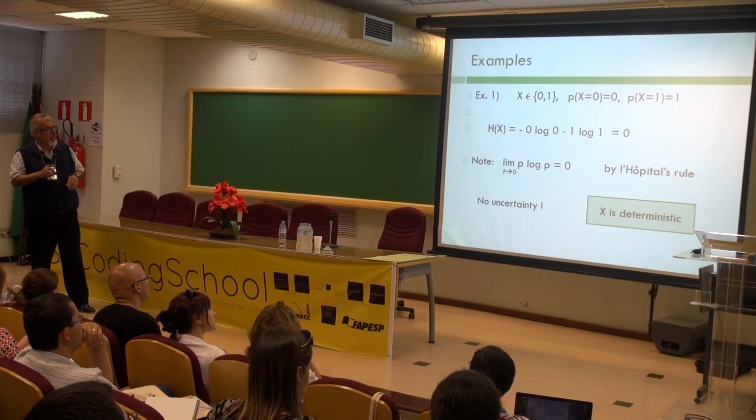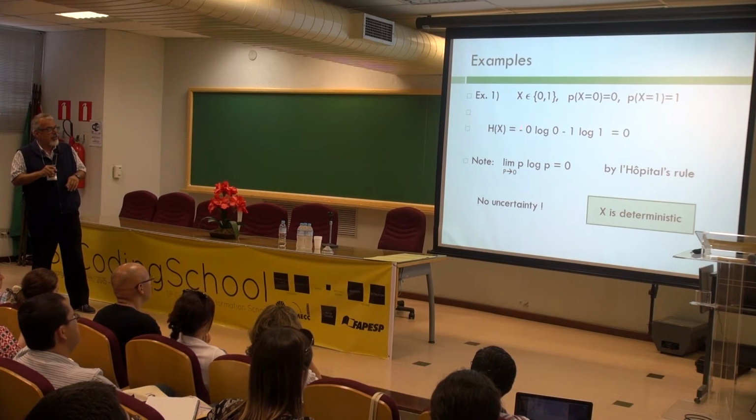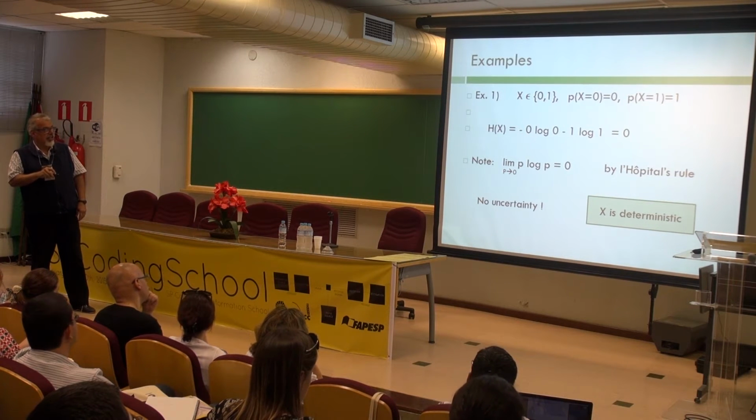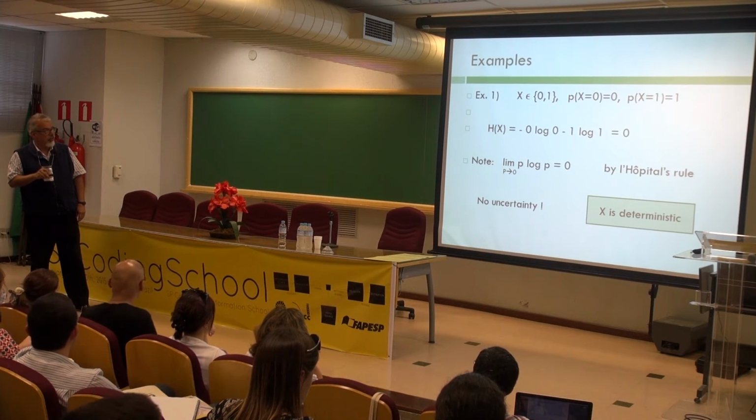And if we plug that into the expression there, it's going to be minus 0 log 0 minus 1 log 1. It's going to be 0. And you notice that there is an indetermination here. But then by continuity, using L'Hopital's rule, we can see that the limit of p log p goes to 0, so that will be okay too. And we can, in fact, just take this as a definition. 0 log 0 is going to be 0. So there's no uncertainty because x is a deterministic random variable.